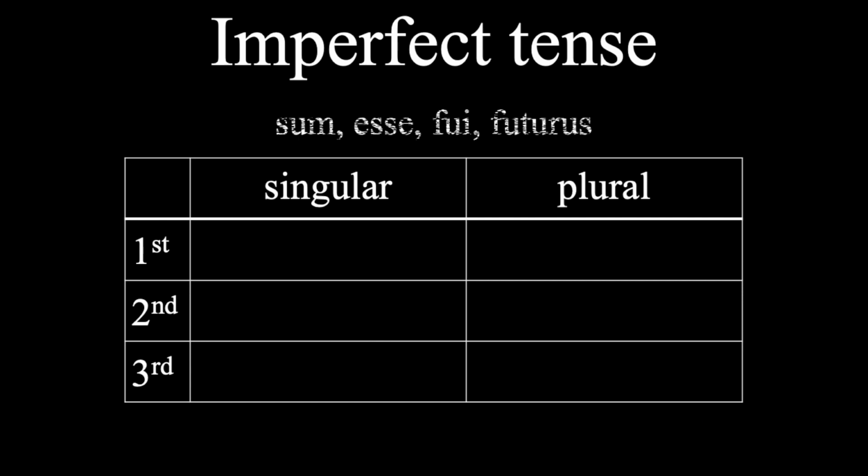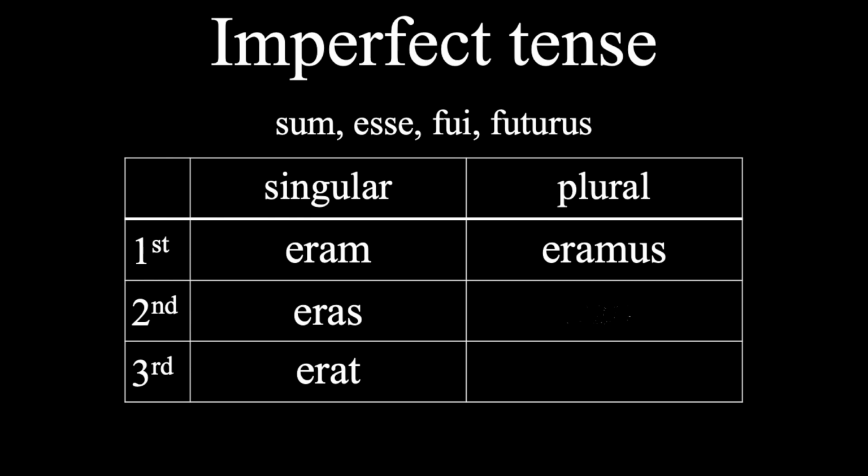Of course, the verb esse is irregular, so it's going to do something different here. So for the imperfect forms of this verb, we're going to have the following: eram, eras, erat, eramus, eratis, and erant.